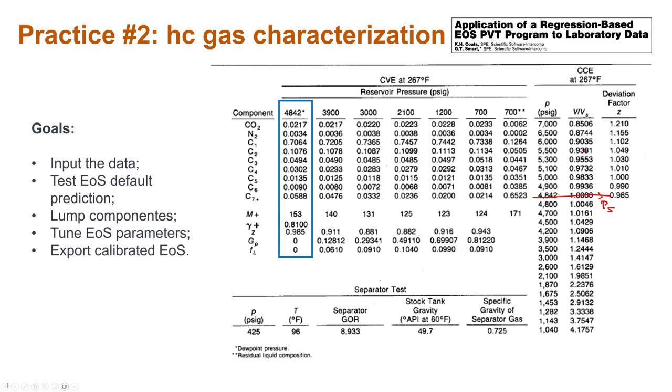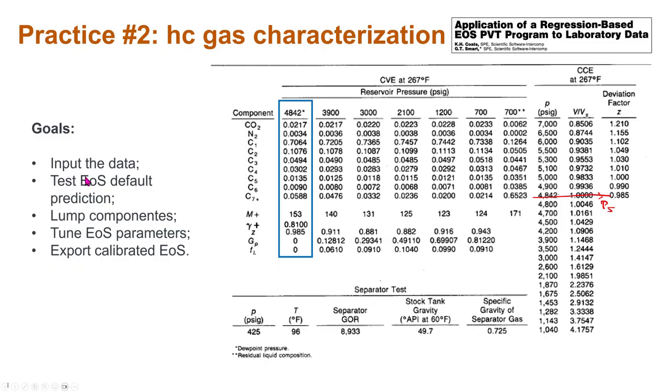We have the variation of the volume, and you have the Z factor for this gas. Okay? We have a separator test as well. The GOR is much higher than the previous GOR because in that case it was an oil mixture. In this case, it's a gaseous mixture.